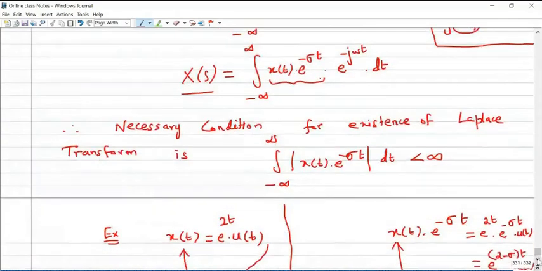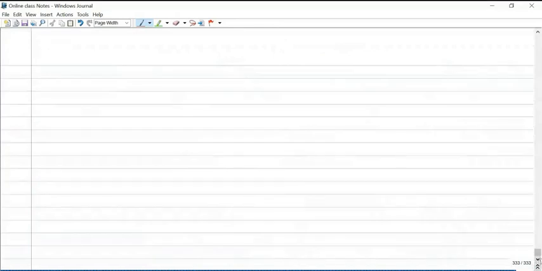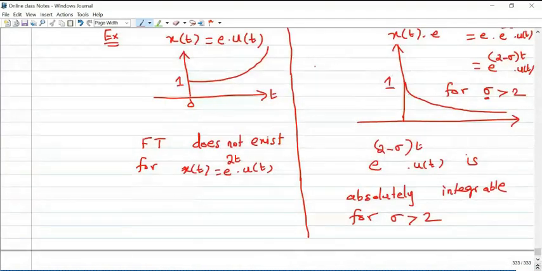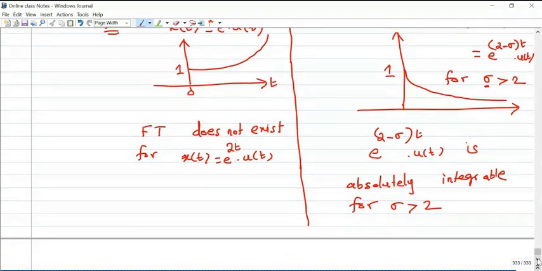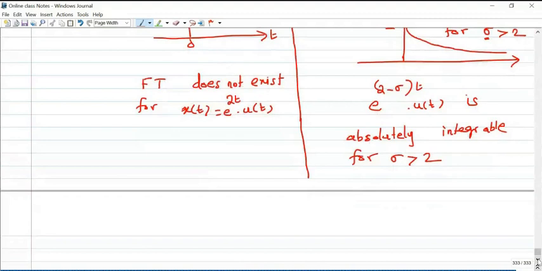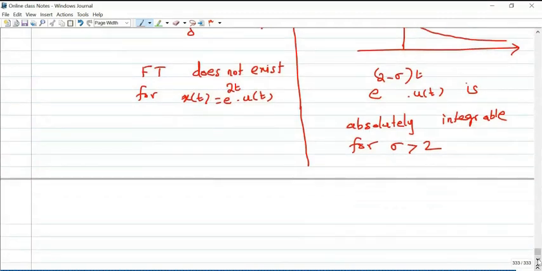In this particular example, for sigma greater than 2, we can solve the Laplace transform for the signal. So remember that an unstable system we cannot analyze using Fourier transform, which is why we move on to Laplace transform. We do some modification in the signal, and based on some condition, we are able to analyze that particular system's characteristics.